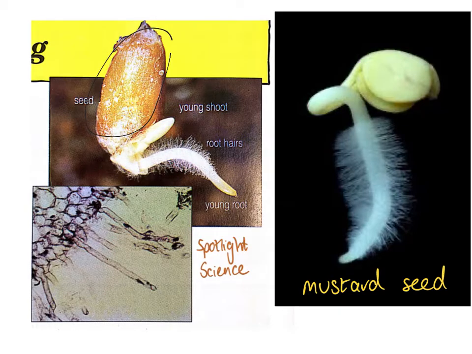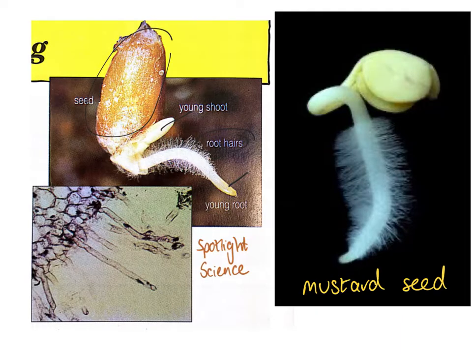So you can draw the seed. Here you can see a young shoot, and you can see that has developed down below into a young root, and you can then label the root hairs as well. So pause the video, draw that diagram and label it, and keep it to the left hand side of that blank space.